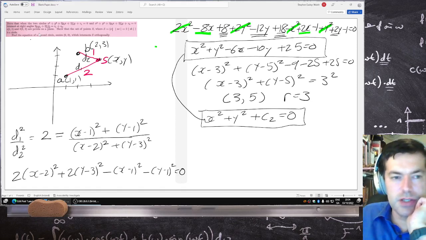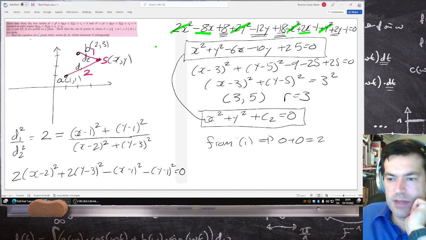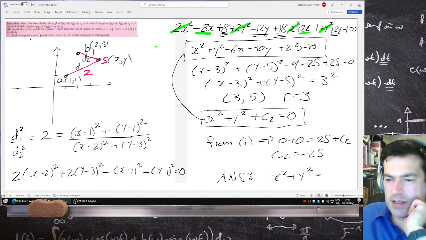So that means 2g1g2 plus 2f1f2, that's 0, has to equal c1 plus c2. So from the first part, that means we have 0 plus 0 equals 25 plus c2. So c2 equals minus 25. So the answer then is x squared plus y squared equals 5 squared. So that's the second circle.